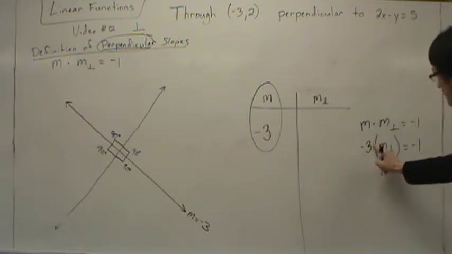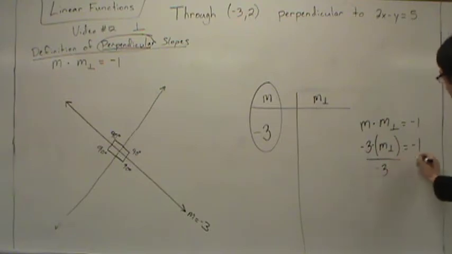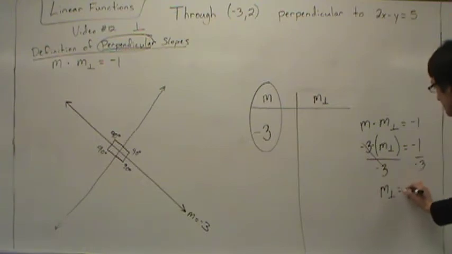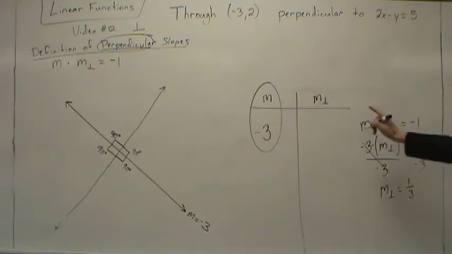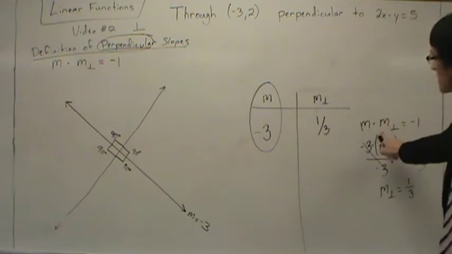To solve this for the perpendicular slope, notice that -3 is being multiplied. We can divide by -3, divide by -3, and we end up with what? The perpendicular slope is equal to, what happens to these two negatives? They cancel. The perpendicular slope is equal to positive 1/3.